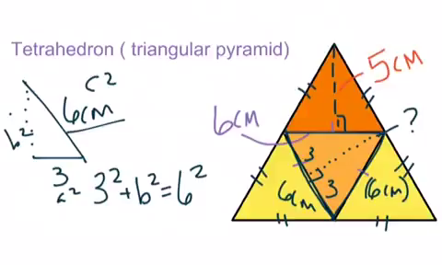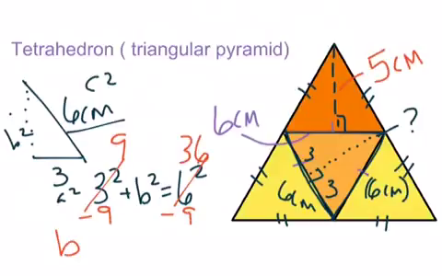So this is going to be 9 plus b squared equals 36. I'm going to get all these on the same side, so I subtract 9, and then we have b squared equals 27.